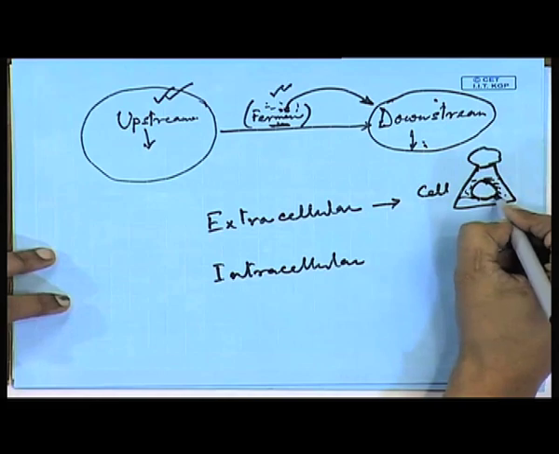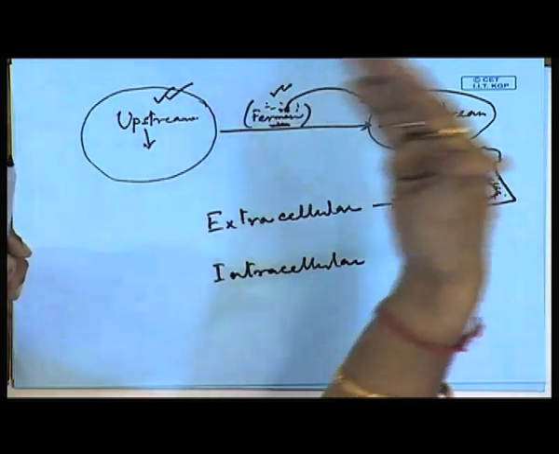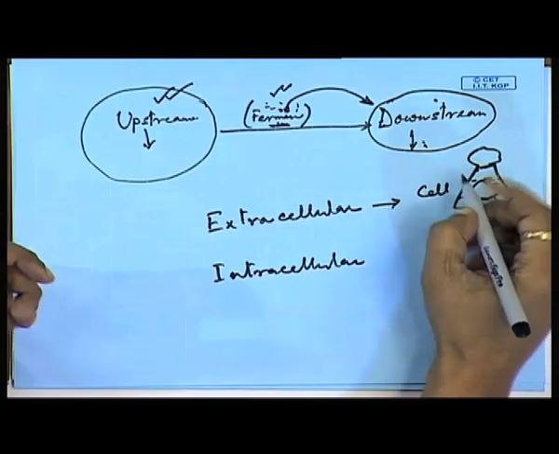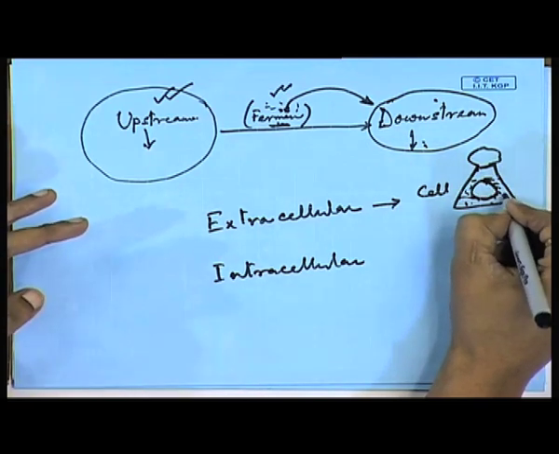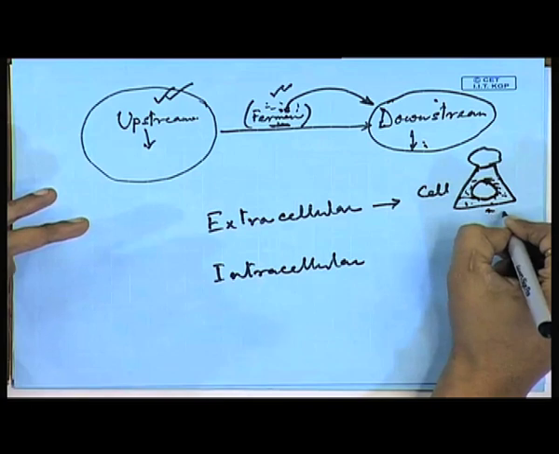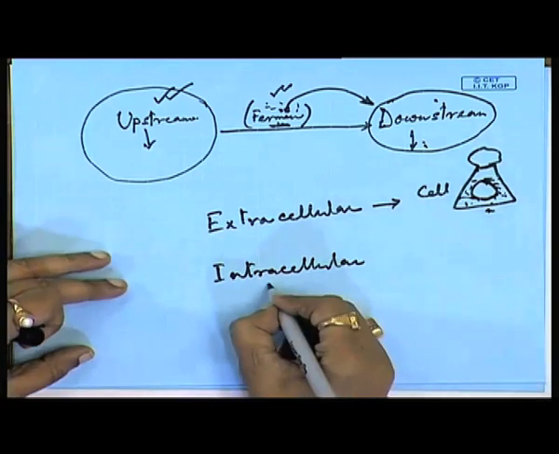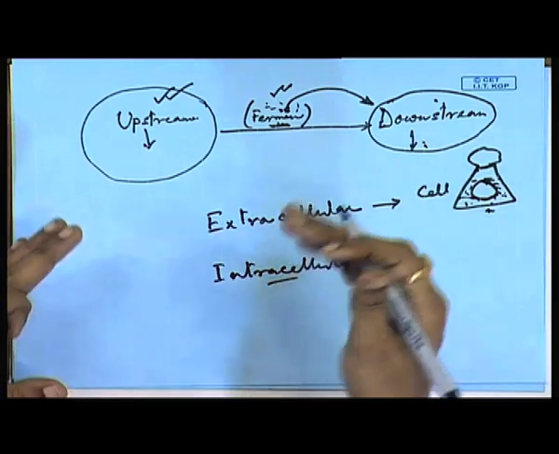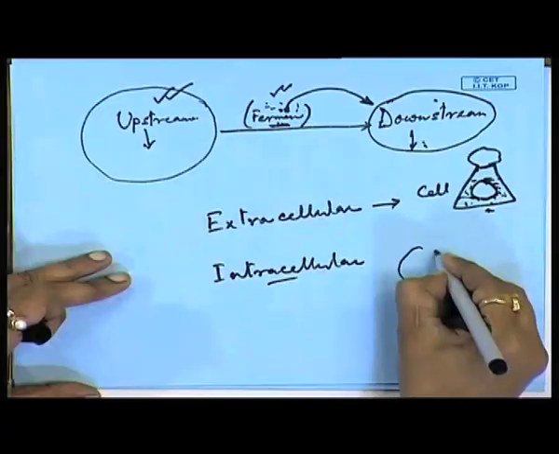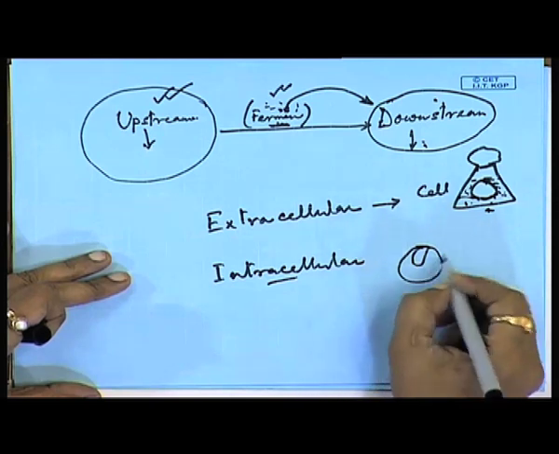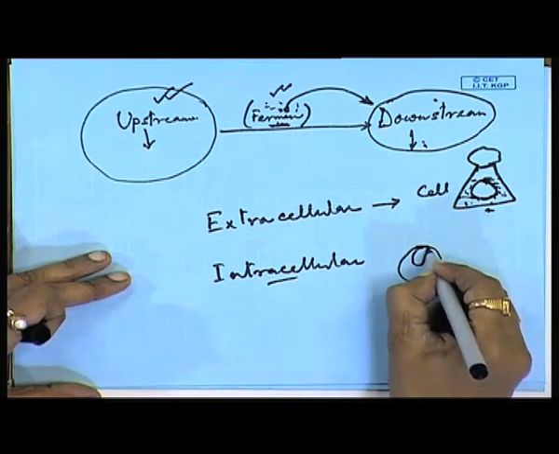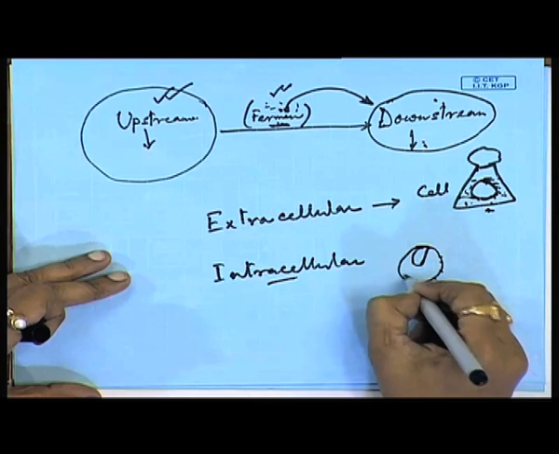As soon as these metabolites come out of the cell, they get diluted inside the reactor, so the dilution problem is large. But the number of contaminants is not so high compared to the intracellular case, where, suppose this is the cell and we get our product in the form of an inclusion body, and when we want to get this product, we have to break the cell wall.